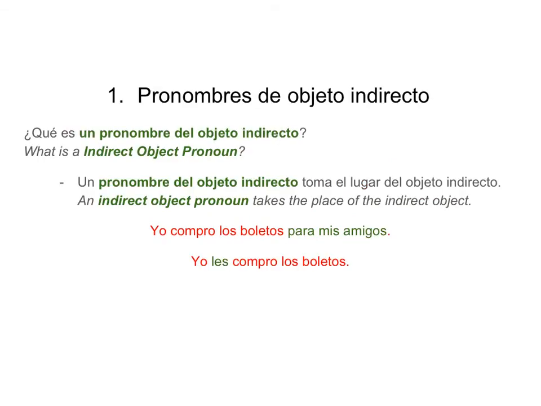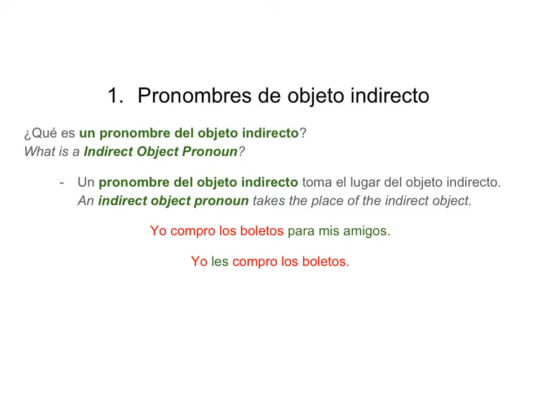So what is an indirect object pronoun? Well, just like a direct object pronoun, an indirect object pronoun takes the place of the indirect object. So for our sentence, yo compro los boletos para mis amigos, the indirect object pronoun les takes the place of para mis amigos.